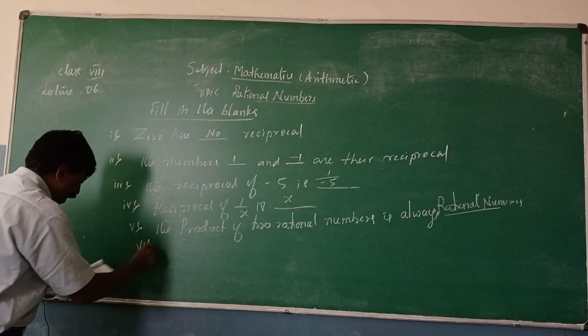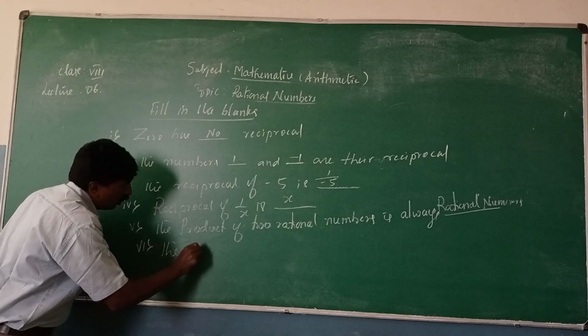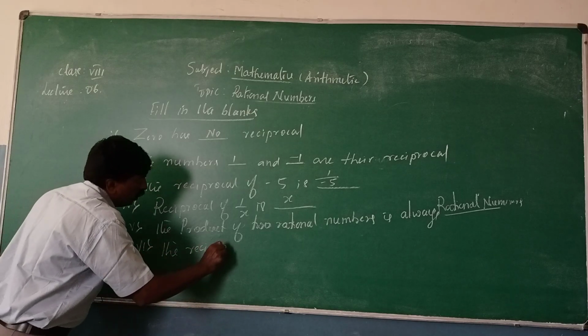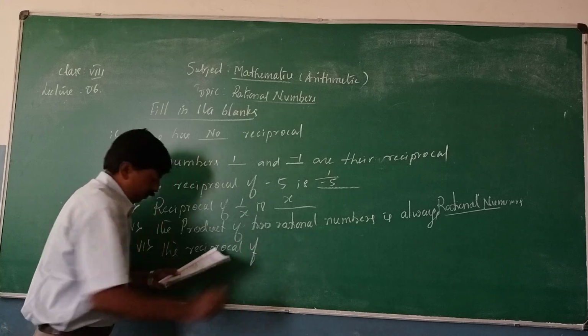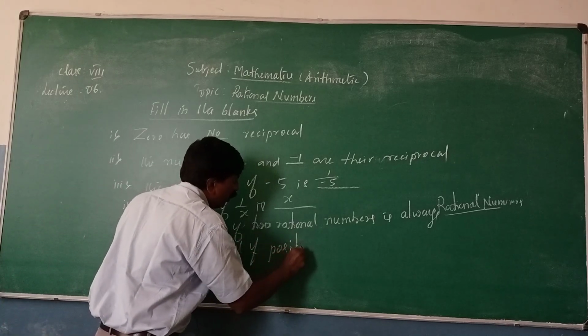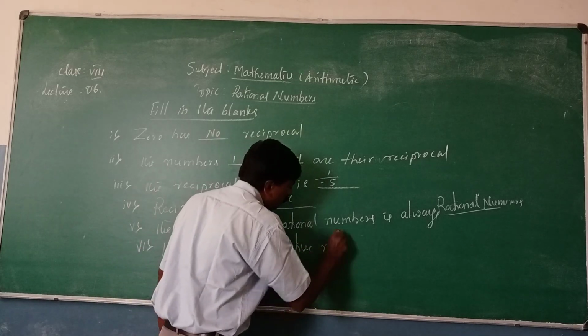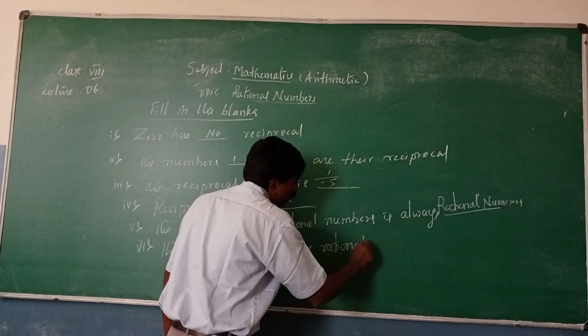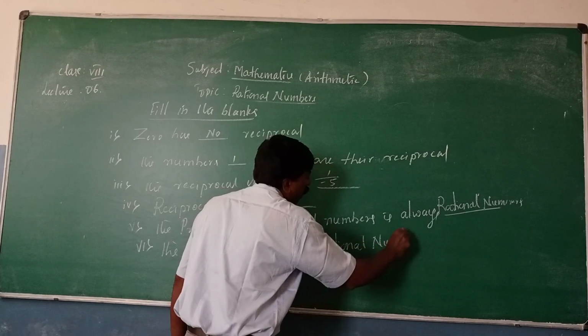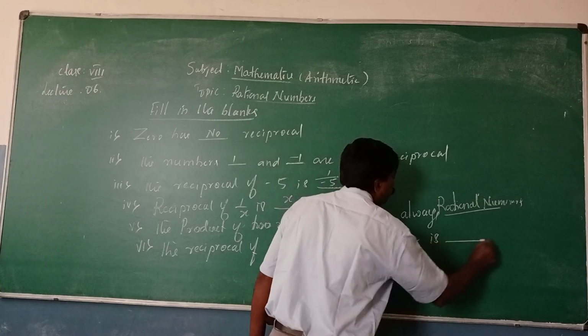So, the last question: the reciprocal of a positive rational number is dash.